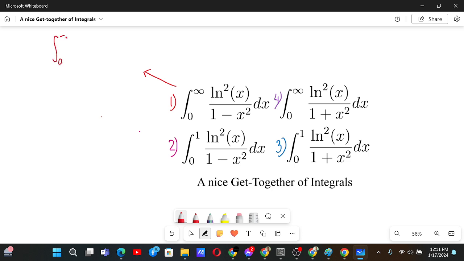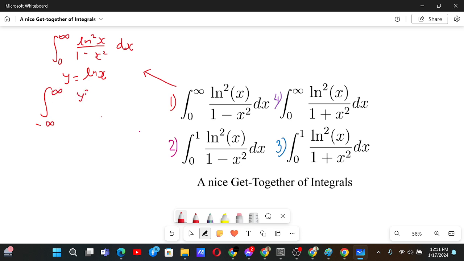Okay, so let's begin with this problem because this is somewhat easier. In the first approach we make in all of these problems, we make a substitution of y equals ln x. So that will be done in all of the problems. If we substitute y equals ln x, the integral will go from minus infinity to plus infinity.